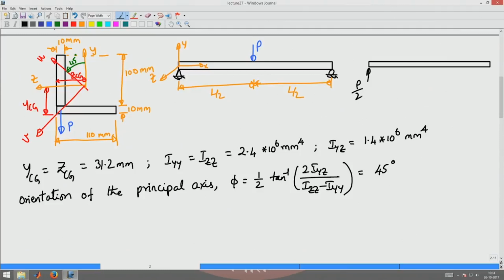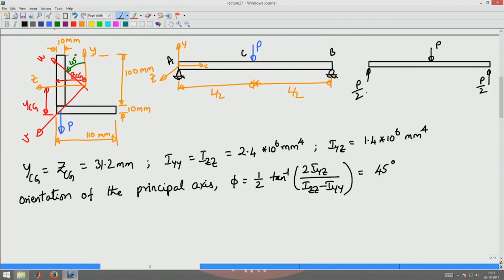I'm not going to go into the derivation of this. The load is acting at the center, so you take a moment about one of the supports, say at A, and from the moment balance you get the reaction at B to be P by 2, and from vertical force equilibrium the reaction at A has to be P by 2. The same thing can be inferred from the symmetry of the problem.